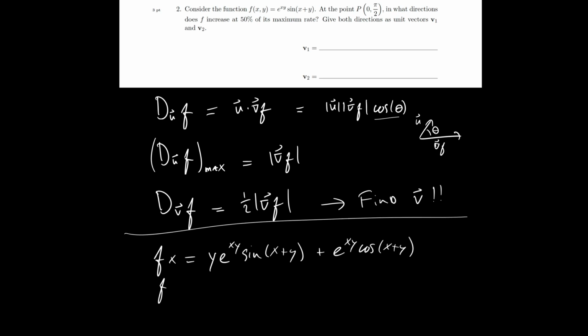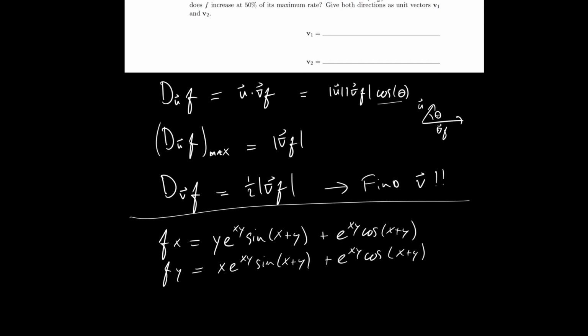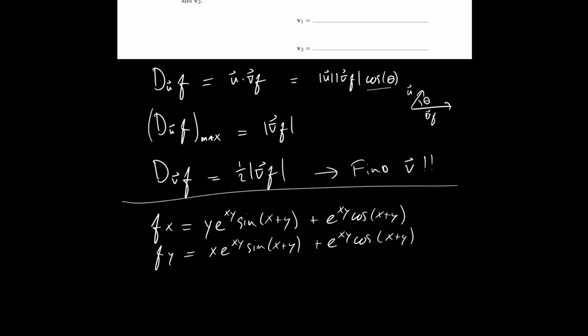And then the derivative with respect to y is x times e to the power xy sine of x plus y plus e to the power xy cosine x plus y. So let's evaluate those partial derivatives at the point 0 comma pi over 2.